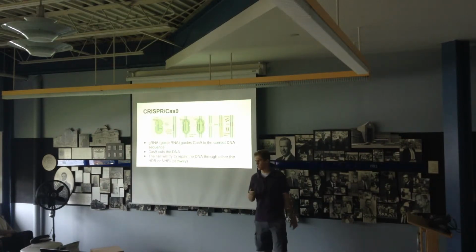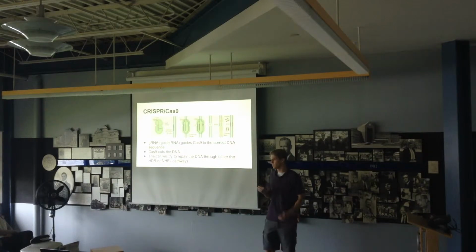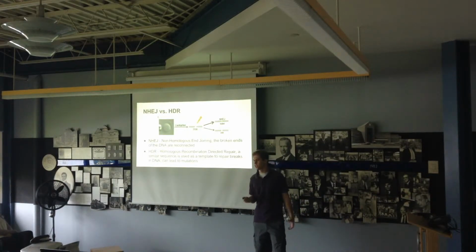So now once the cut is made, a cut piece of DNA is a problem for the cell. So once the cell identifies that there's been a cut made, it's going to try to repair it. And there's two pathways to repair, either HDR or NHEJ. So NHEJ stands for non-homologous end joining.